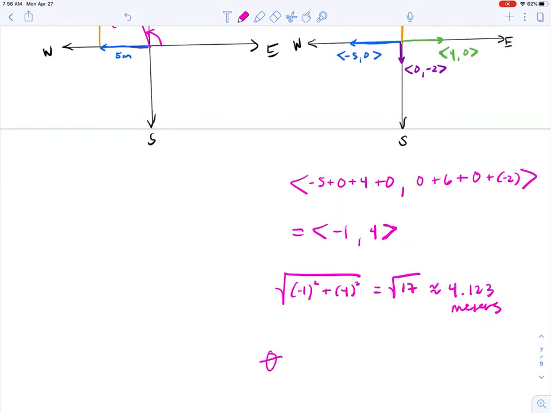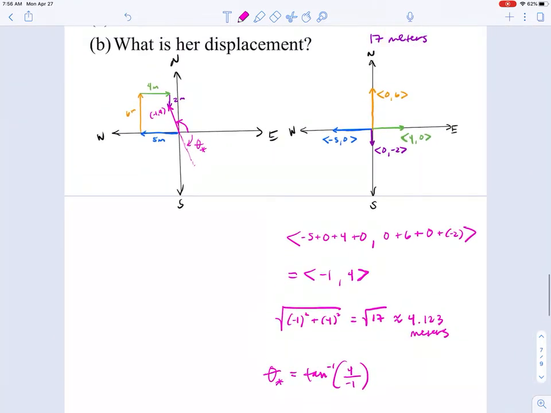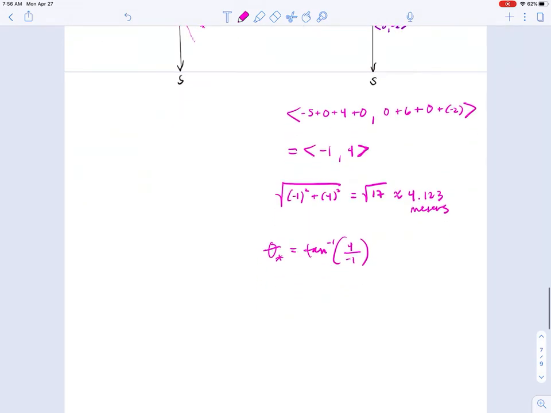And then I want to find this angle. So theta star, if I take the inverse tan of 4 over -1, that's going to give me this negative angle here in quadrant 4.